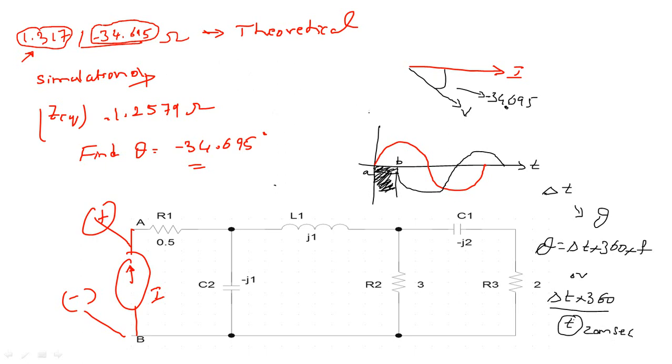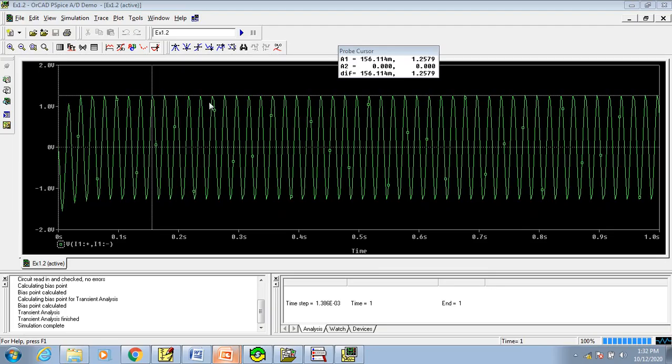To do that, we'll keep the A1 cursor here, and we'll keep the A2 cursor at this zero crossing. So let's go to PSpice and use the A1 cursor and A2 cursor. So here, how do we find the reference, or where do we keep the A1 cursor? You can't keep it at 0, and you should not keep it at 156.114 milli also.